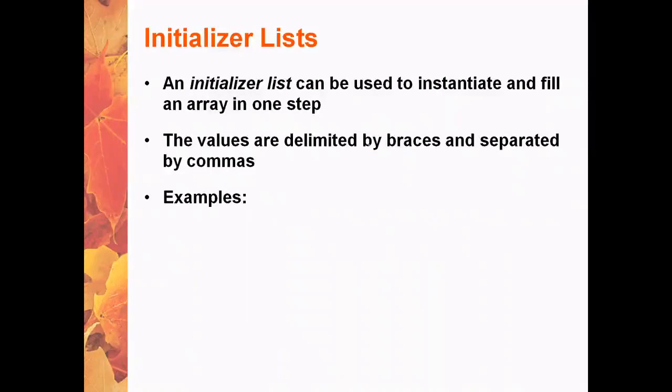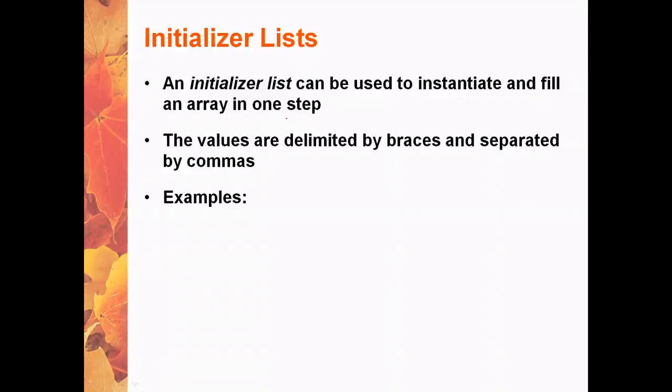Okay, next is the initializer list. An initializer list can be used to instantiate and fill an array in one step. That simply means we have seen only a declaration of an array, but if I want to store some values in the array at the time of declaration itself, that is called instantiate and fill an array in one step.